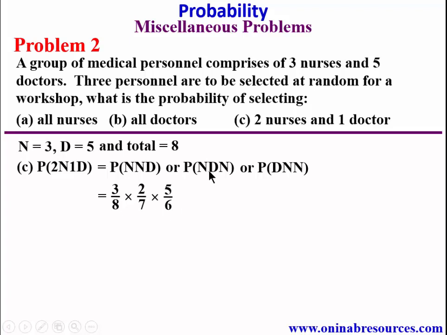Then we said we are multiplying by 3 because everything is still going to be the same thing. It is just that the numerators keep changing. So we just multiply by 3 over 1. So simplifying this, we have it as 15 over 56. And that's the end of solution to problem 2.